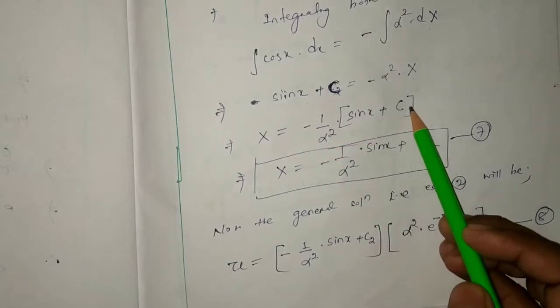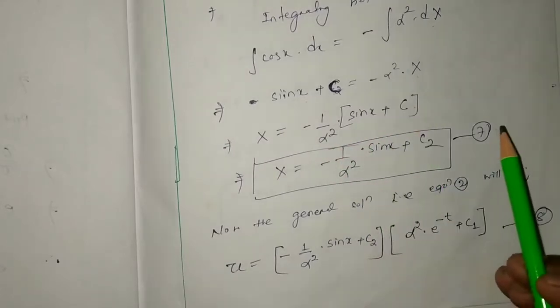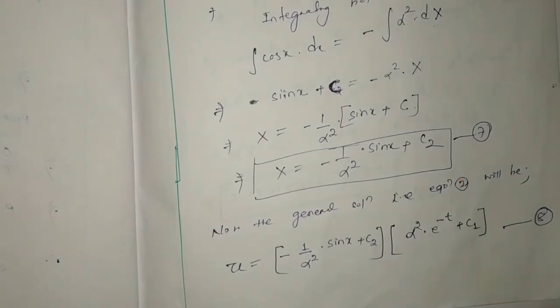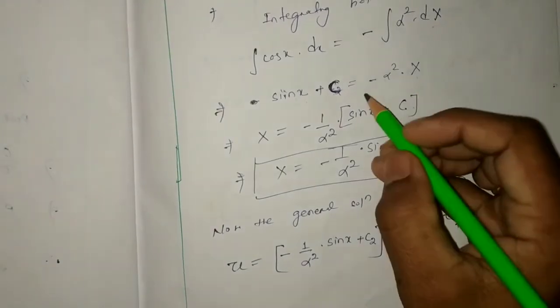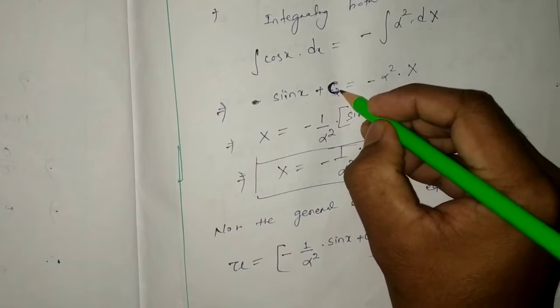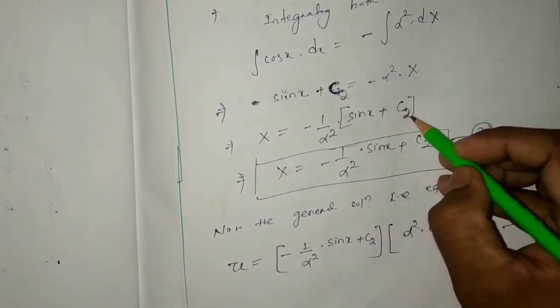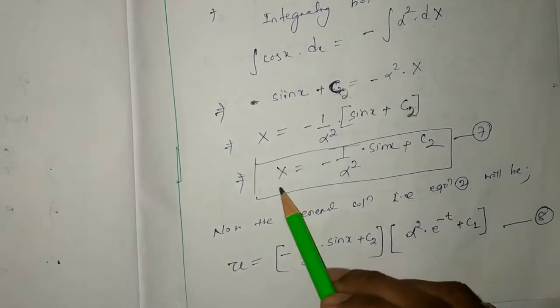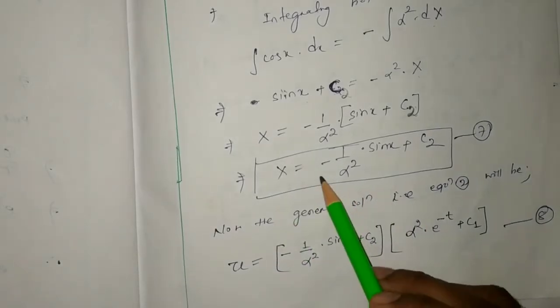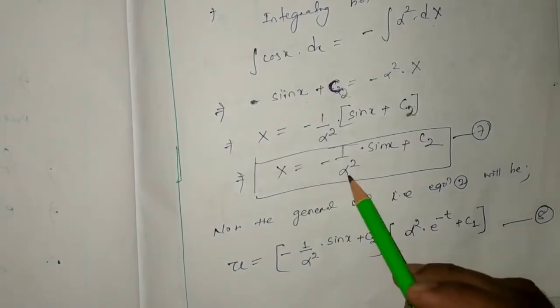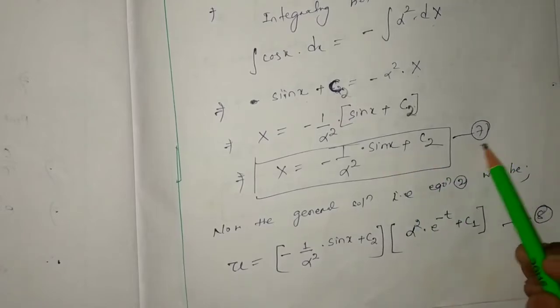Here just consider this constant as C2. So X will be equal to minus 1 by alpha square sin x plus C2. Let this be equation number 7.